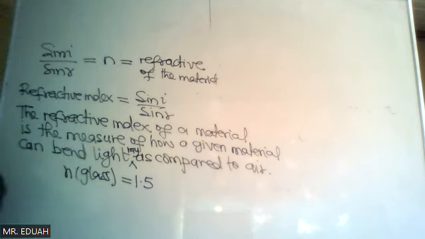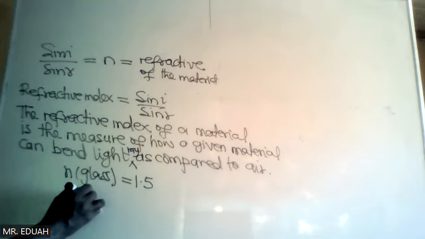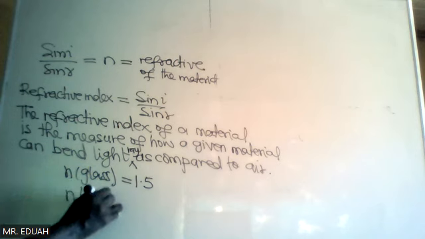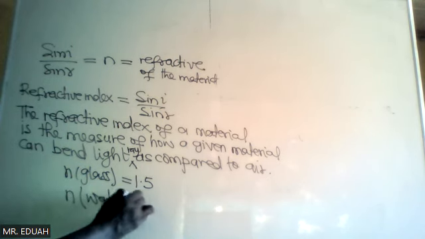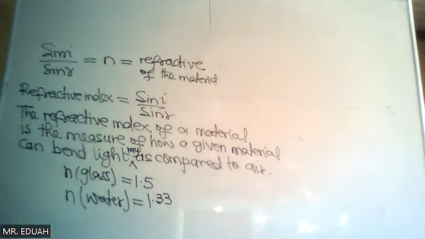The refractive index of water, N of water, is equal to 1.33. What it simply means is that water can bend light 1.33 times as much as air.